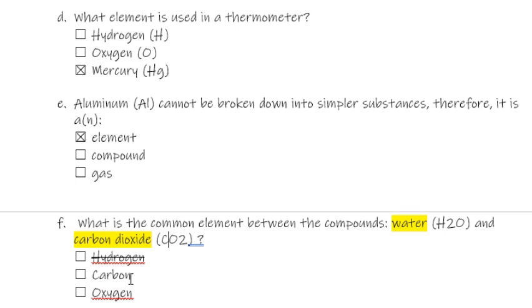No, it doesn't. So this is also a wrong answer. Let's see. Do both have oxygen as components? Water has oxygen in it, yes, and carbon dioxide has oxygen in it. So both have oxygen as a common element.